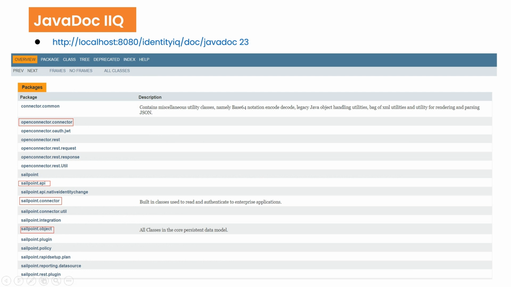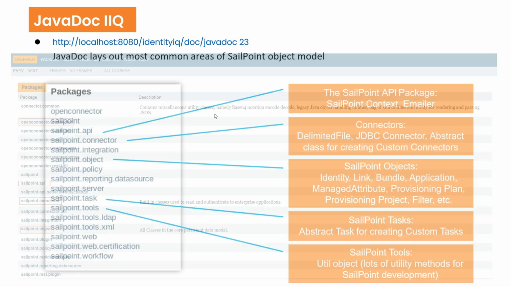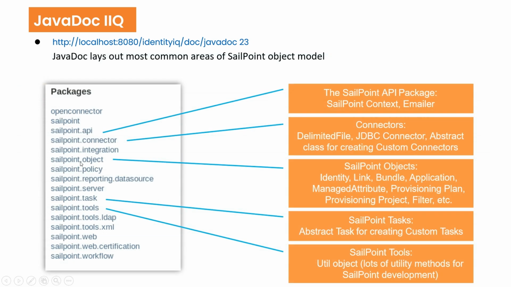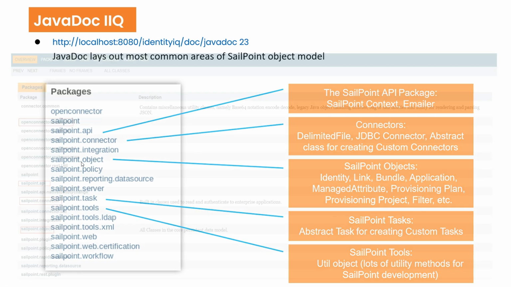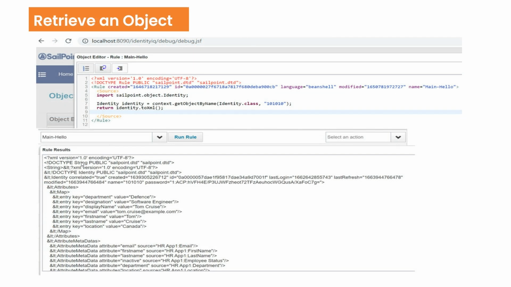If you ask me where you need to start, it's always good to start with the basic object, which is the identity object, a popularly used object. So how to retrieve an object and all of that. See here, this is a small piece of code I have written, guys, where I am trying to retrieve an identity's information into an XML.